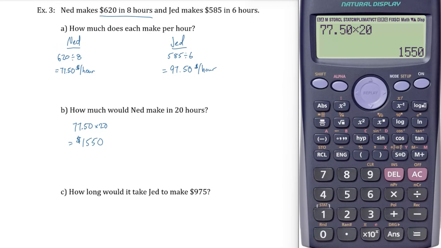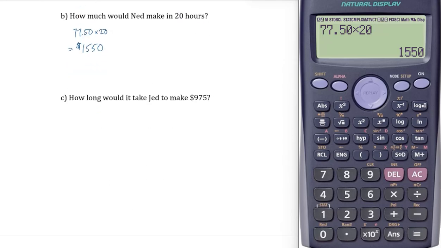So Jed makes $585 in 6 hours. So again, I'm doing dollars over hours. So I still have to do dollars, which is $975 over hours.